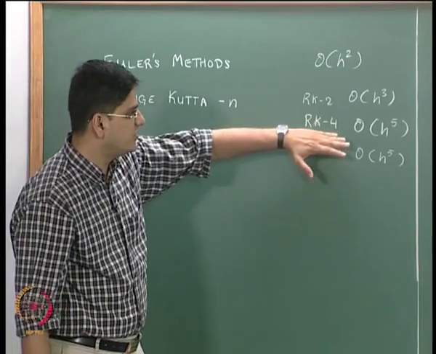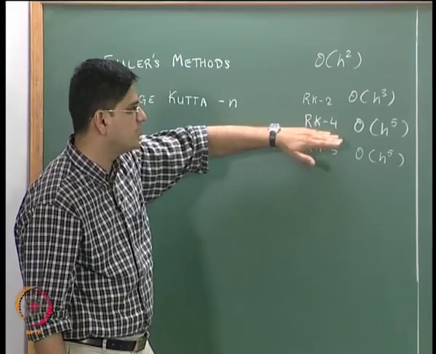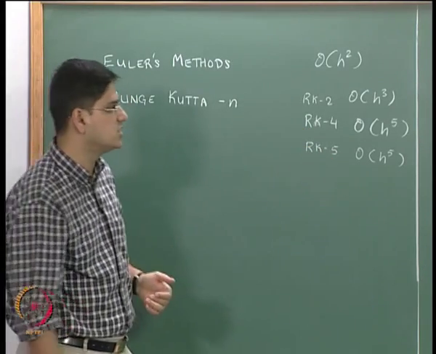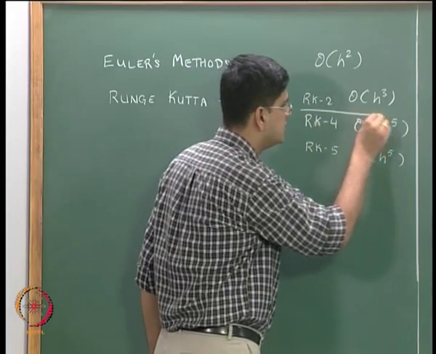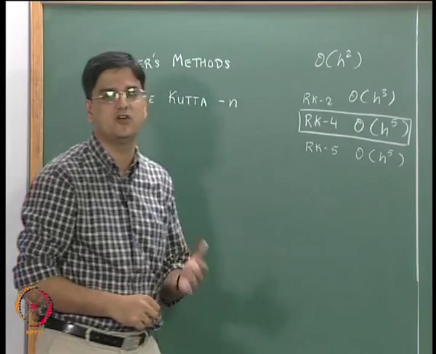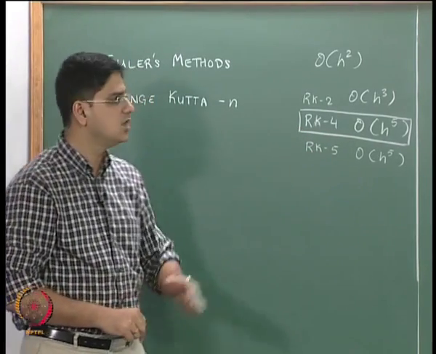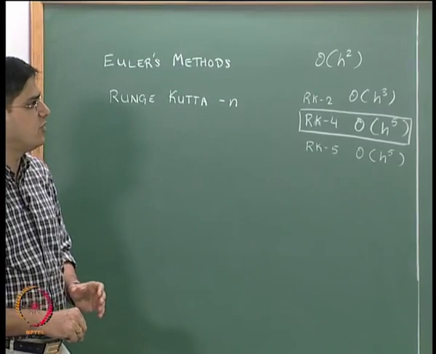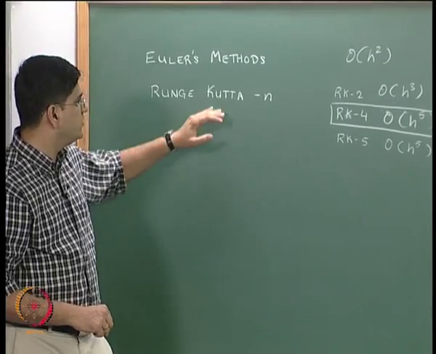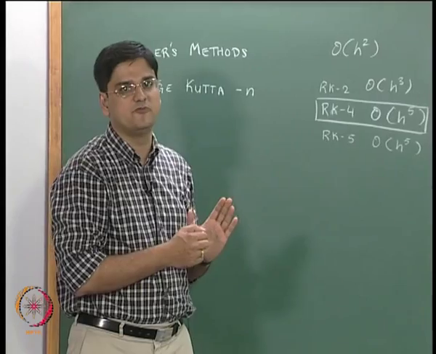As a result of this, when we go from a fourth order RK4 method to an RK5 method, we do not get an improvement in the local truncation error, and that is the reason why the RK4 method is perhaps one of the most popular methods for solving the ODE initial value problems of non-stiff nature.